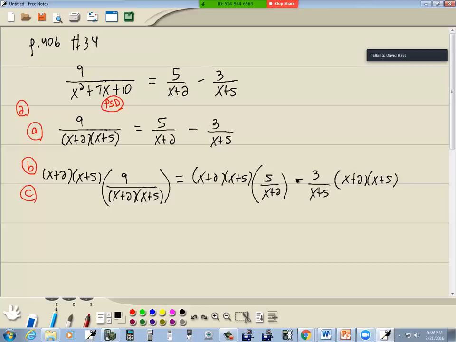I'm doing that just so I don't lose track of this negative right here. Okay, that x plus 2 cancels to that x plus 2. This x plus 5 cancels to that. This x plus 2 and this x plus 2 cancel. And this x plus 5 and this x plus 5 cancel. So we're left with 9 equals 5 times x plus 5 minus 3 times x plus 2.